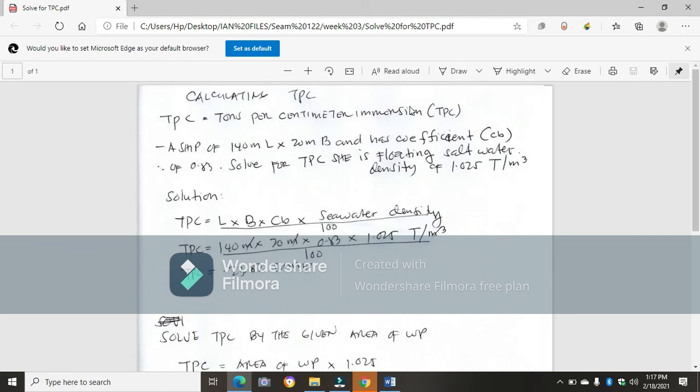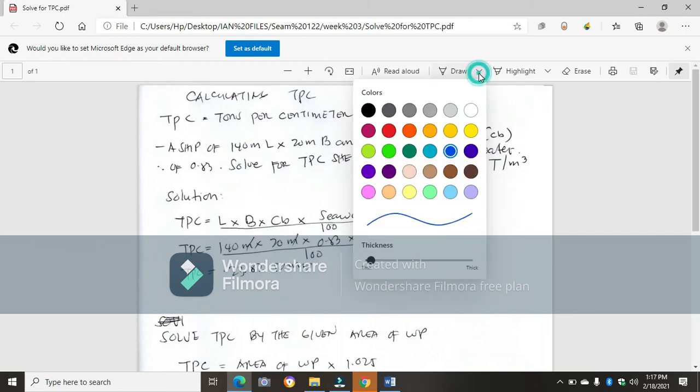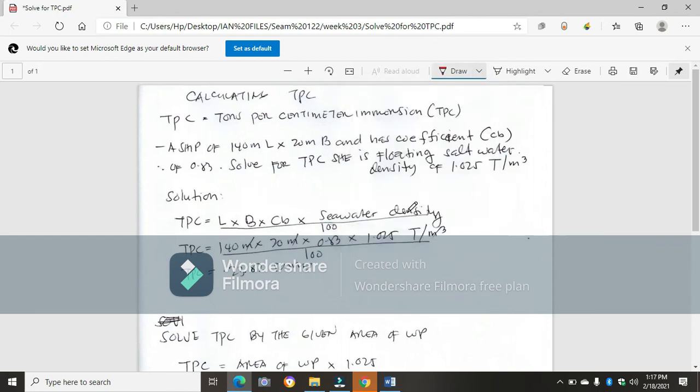Okay. So now let's go to the calculating of TPC or tons per centimeter immersion. Okay. So the example is a ship of 150 meters in length, 20 meters in breadth, and has a coefficient of 0.83. Solve for TPC. She is floating in salt water with a density of 1.025 tons per cubic meter.